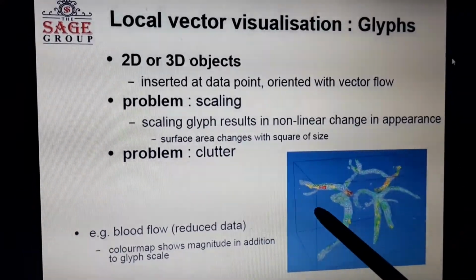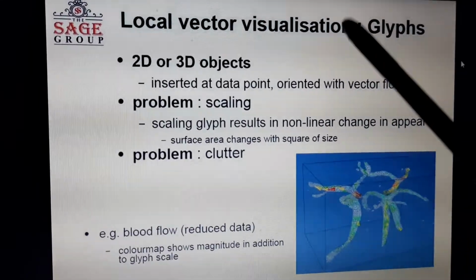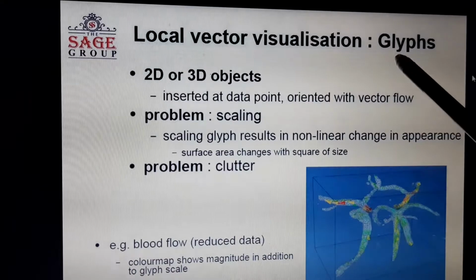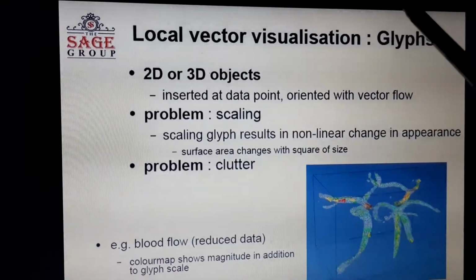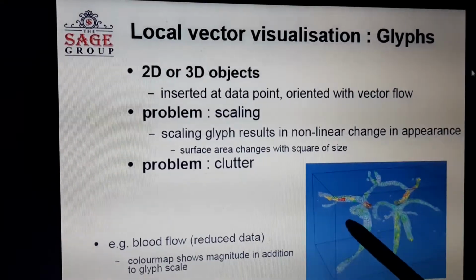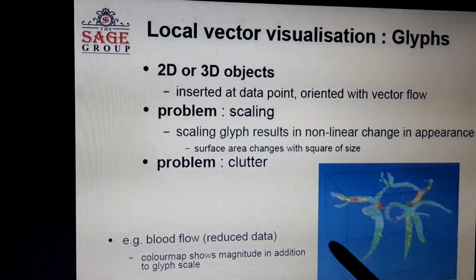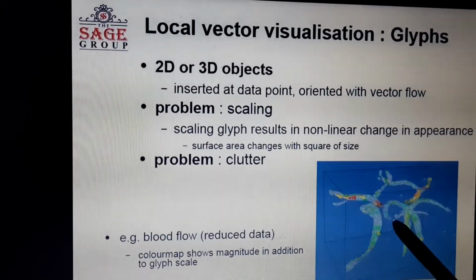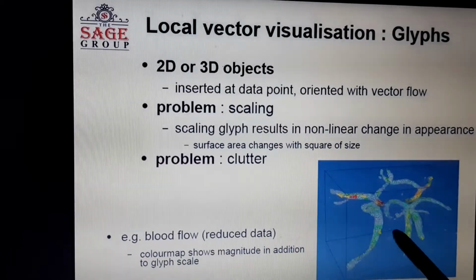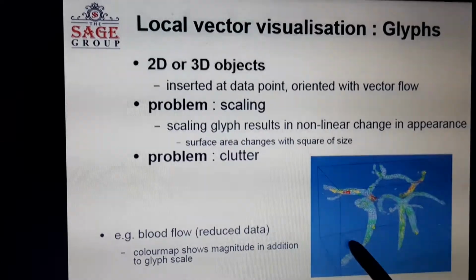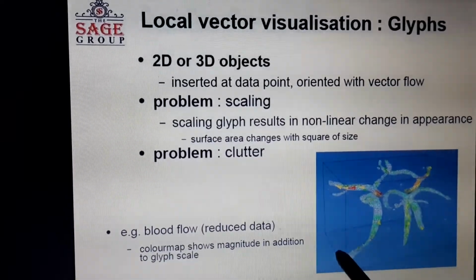If we want to display any vector data with the help of the glyphs technique, then we show the movement of that data by turning, rotating or orienting the object itself in the direction of the flow.